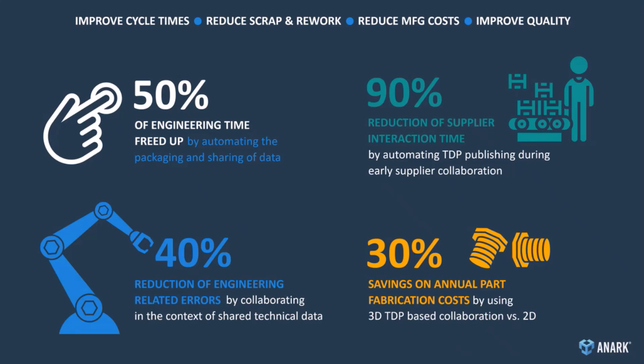Using 3D data instead of just 2D data alone. A lot of manufacturers, a lot of suppliers, they'll still use a 2D print at the machine, but complementing that with 3D data results in significant savings on part fabrication costs. So a lot of opportunities to be gained here from closing the loop on a technical data exchange.